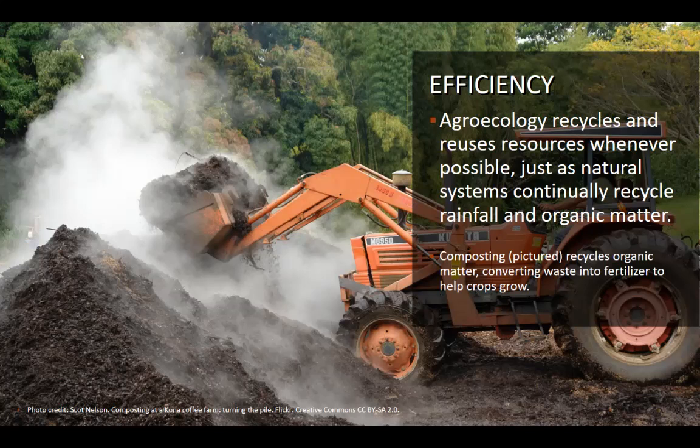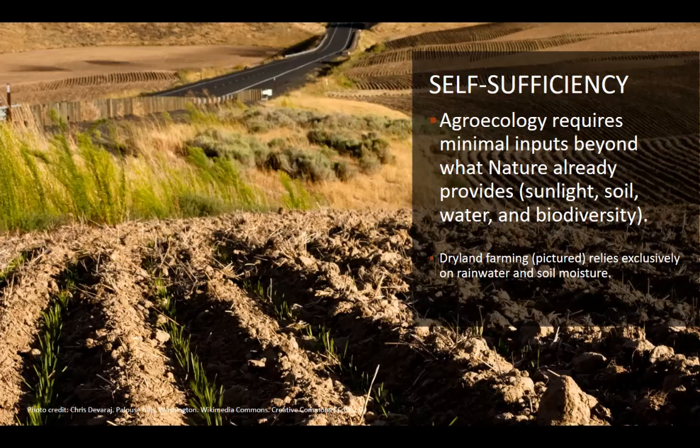The next factor that we want to take a look at is self sufficiency. Now, in agroecology, we want to use as few inputs as possible beyond what nature has already provided. That includes things like sunlight, soil, water, and biodiversity.